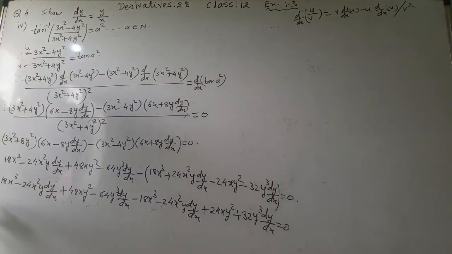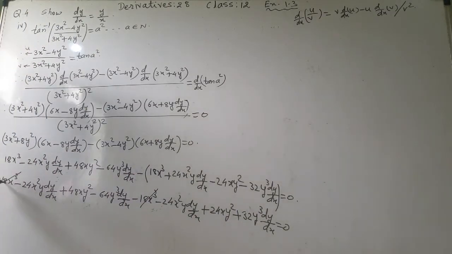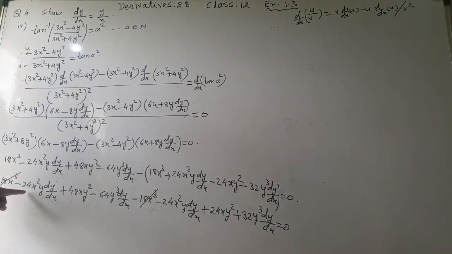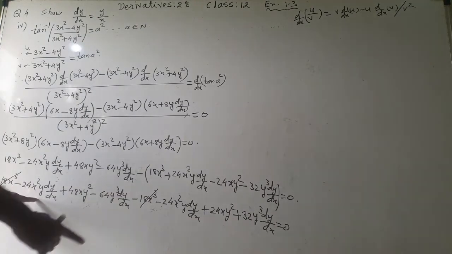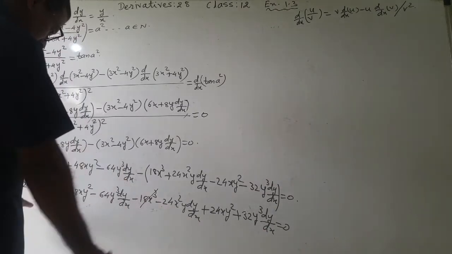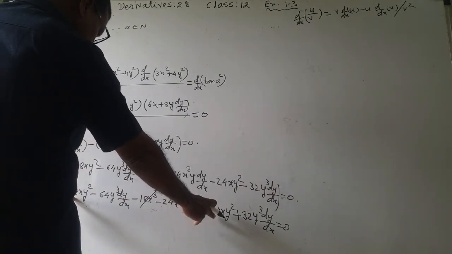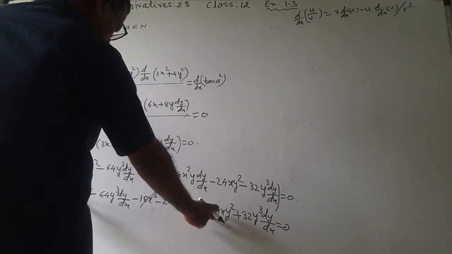Therefore, now see what I can cut. This 18x cube, this 18x cube I can cancel. Now what about this 24x square y? Here also 24x square y, this will not cancel. 48xy square and 24xy square, some answer would come.